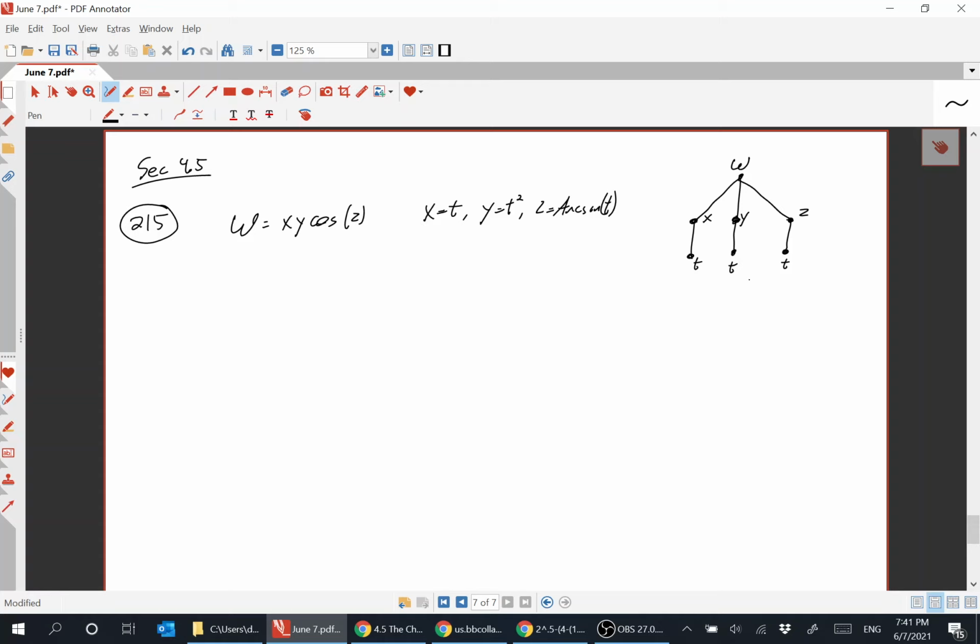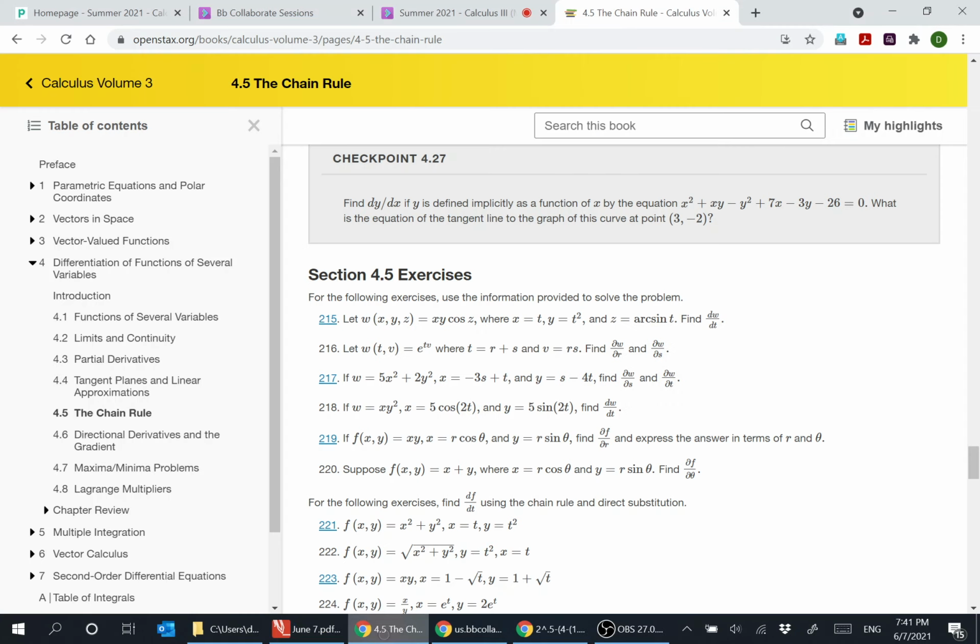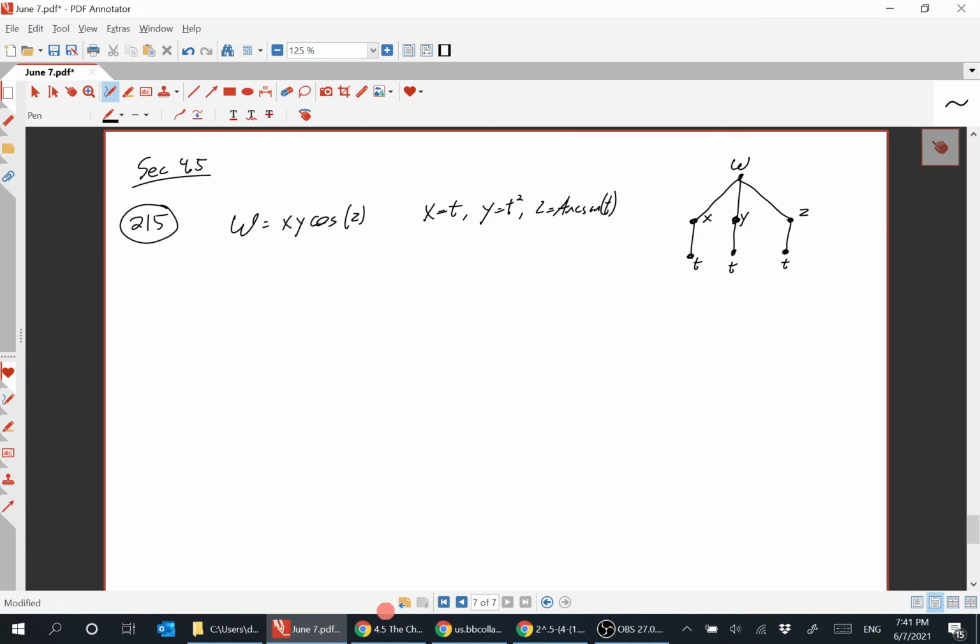So the ordinary derivative of w with respect to t exists. Right, so that's what they want us to find. Find dw/dt, the ordinary derivative of the single variable function w with respect to its variable t. But you've got this middle layer that you're going through, t, t squared, arcsine t for x, y, and z.